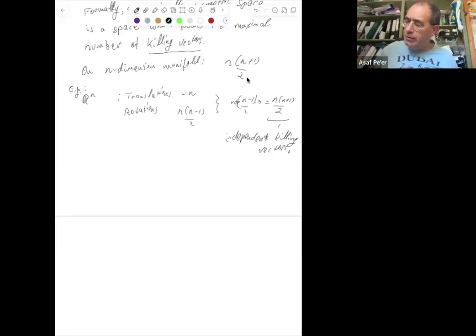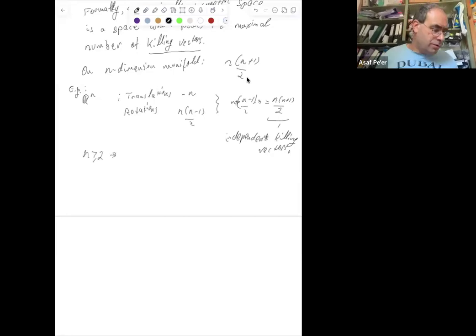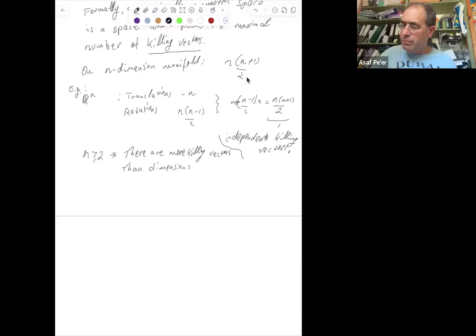I think it appeared in your homework already. So if n is greater than or equal to 2, then there are more Killing vectors than dimensions.